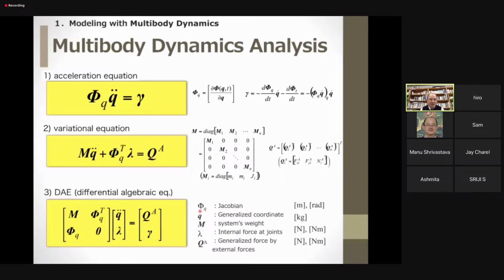The acceleration equation can be solved in this way. This is a kind of matrix. The variation equation can be solved to treat the motion equation in a specific matrix form. The differential algebraic equation is treated by the Jacobian, the generalized coordinate system way.